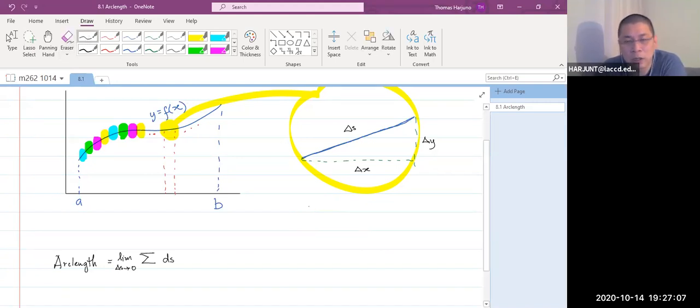I just tried to explain it from the limit point of view. So the difference of s squared equals the difference of x squared plus the difference of y squared. So the difference of s is the square root of the difference of x squared plus the difference of y squared.